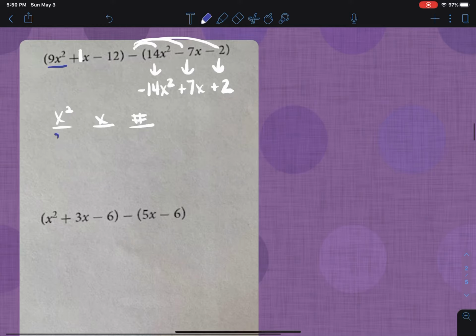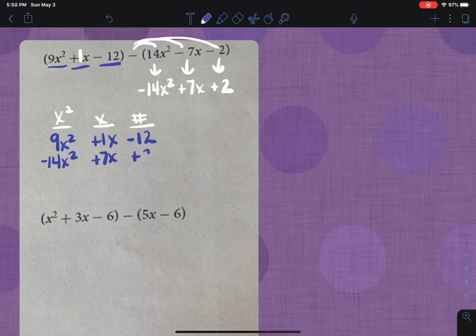So 9x squared, 1x, negative 12. Now I'm going to go to the second row. So negative 14x squared plus 7x plus 2. So I've got all three of those pieces. And now I can total.